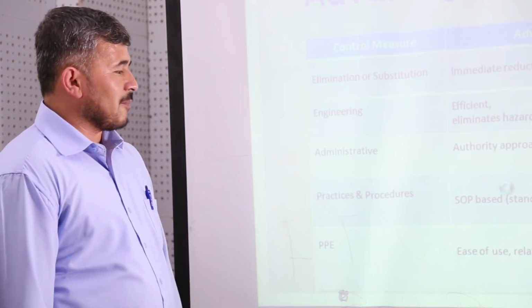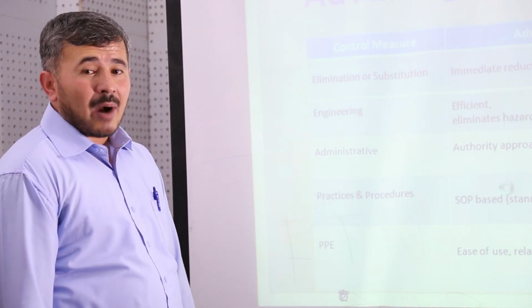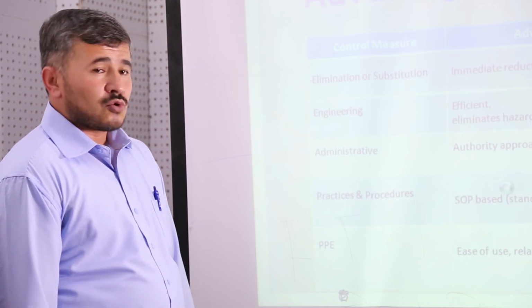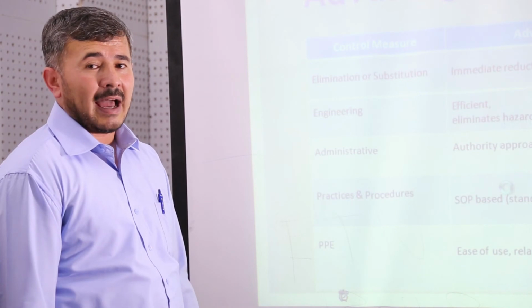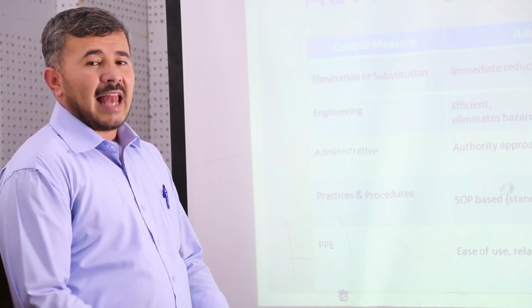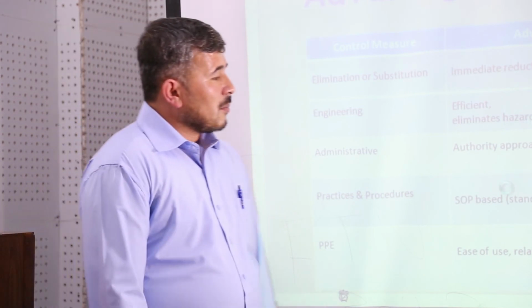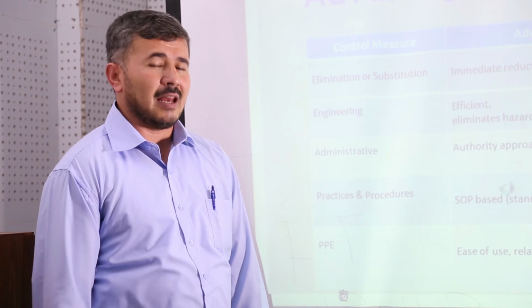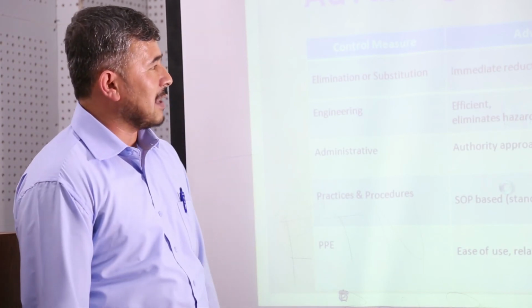Finally, PPE. It is a device worn by the lab worker or staff inside the lab. So everyone can use or wear a lab coat, gloves, goggles. Also, the cost is not high like engineering control. It is relatively cheaper than engineering control.